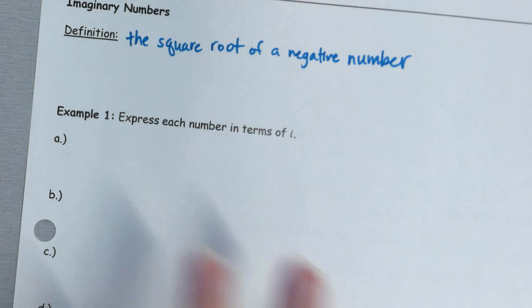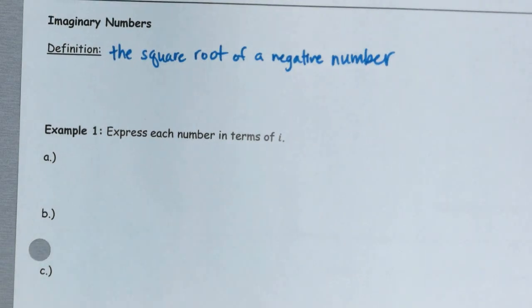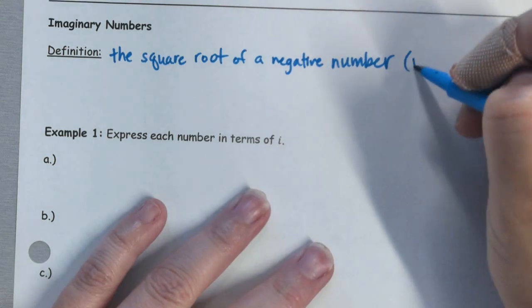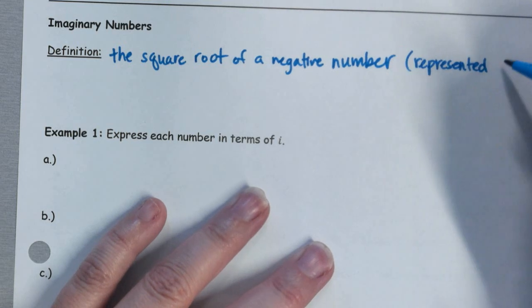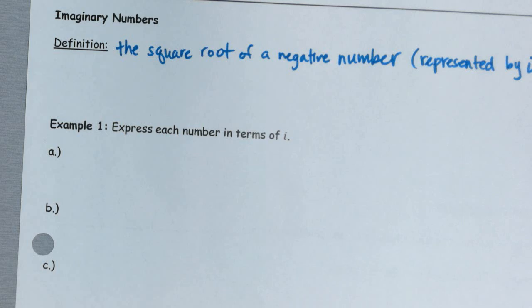Okay, so an imaginary number is the square root of a negative number. And then this is represented by i. So that's going to be our symbol. Represented by i. And in many ways, we're going to treat it just like we would any other variable.